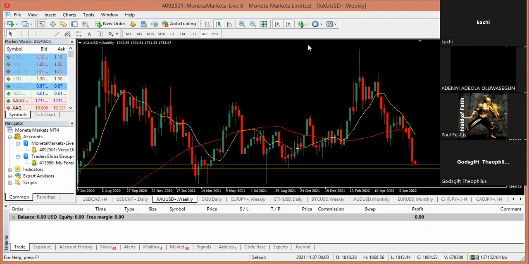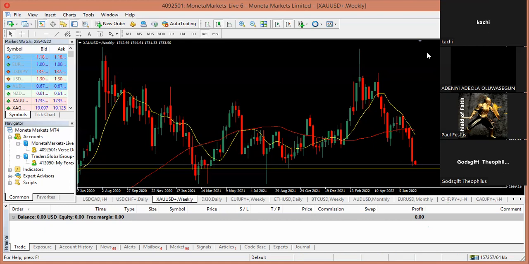Therefore, trade the trend. So I told us there are three types of trend. Bullish trend or upward trend, bearish trend or downward trend, ranging trend or consolidating trend.